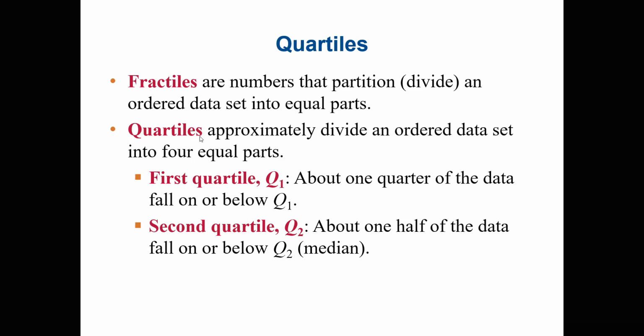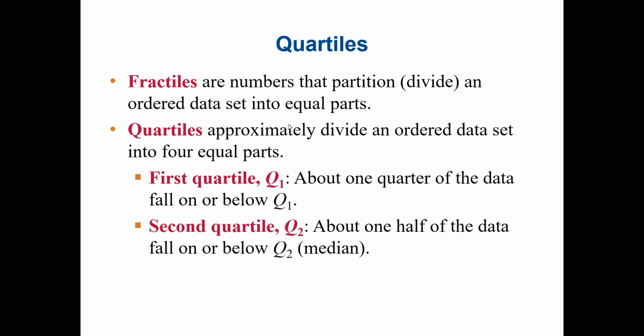When you deal with quartiles, you approximately divide an ordered data set. So when you have your data set, you first of all have to order it in ascending order of magnitude, and you split it into 4 equal parts. Then you have the first quartile, which is approximately 1/4 of your data, or 25%.